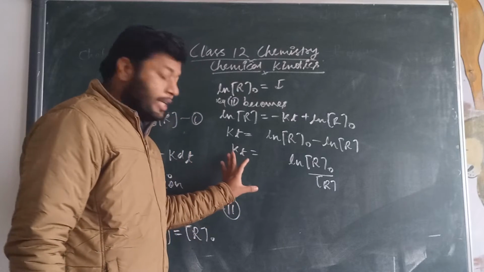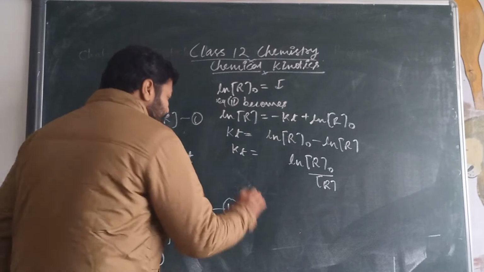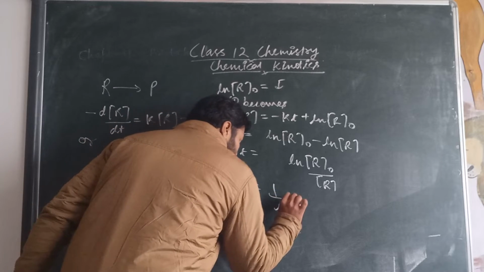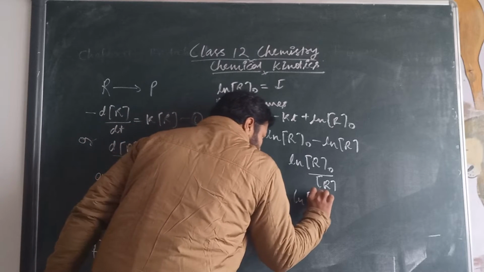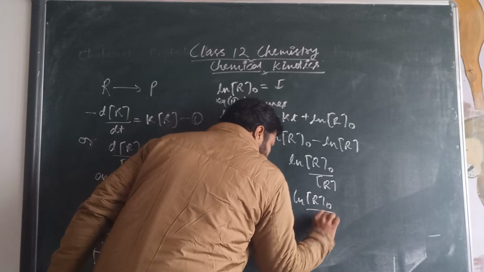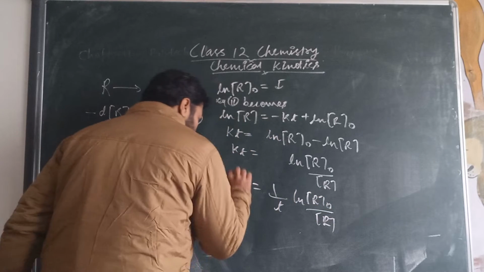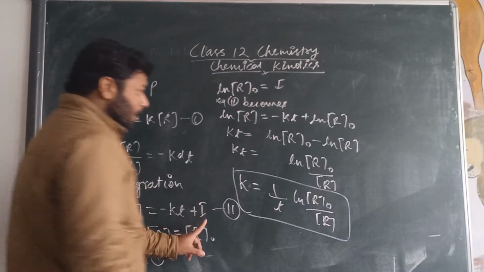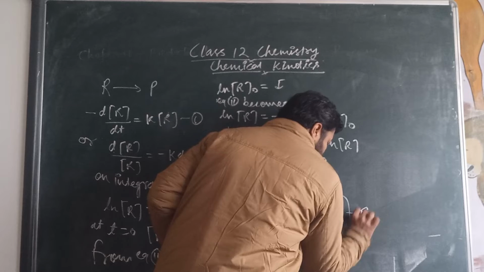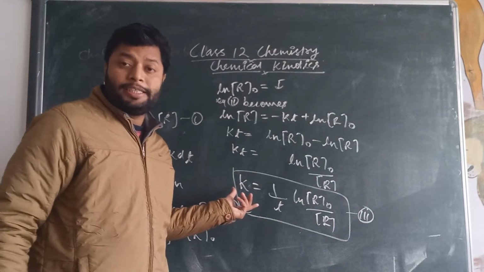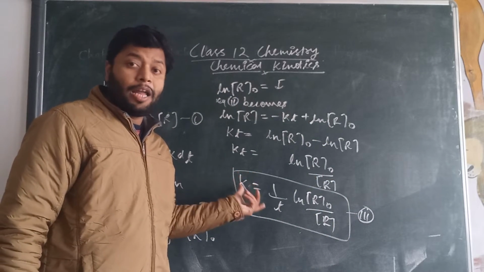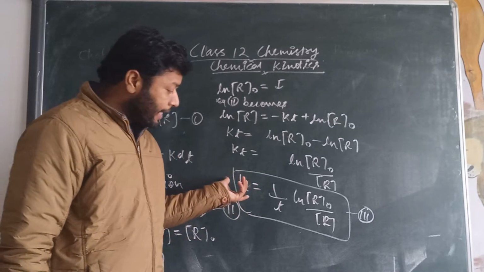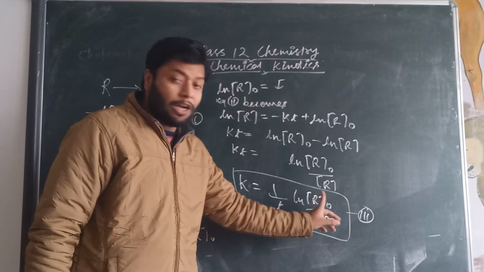Now in terms of the rate constant, k equal to 1 by t ln R0 upon R. Equation number third. This equation number third is called the integrated rate law expression for the first order rate constant value. So k will be 1 by t ln R0 by R.